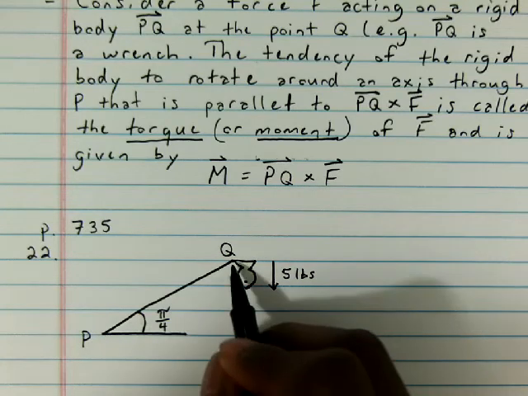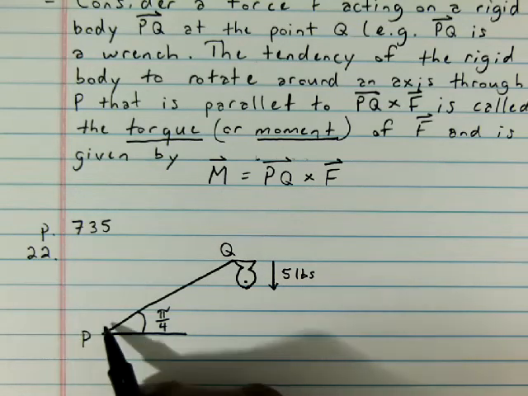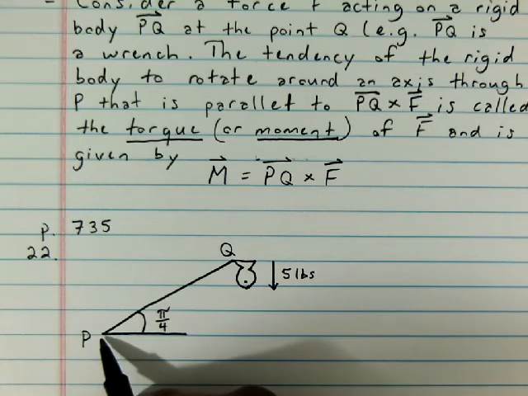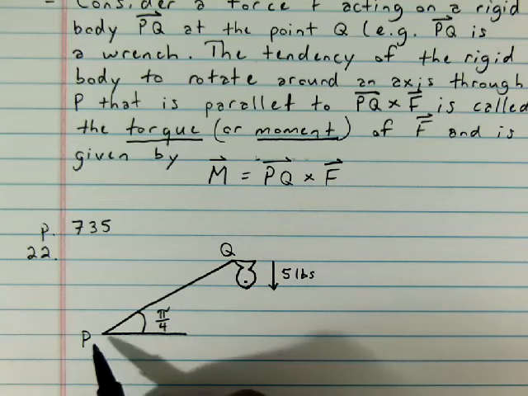The fish is up here, but the handle of the pole is going to turn right here, like where our wrench was turning the nut. The force is acting at the other end.